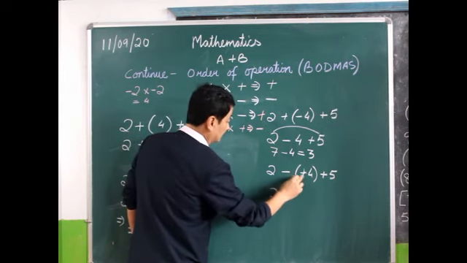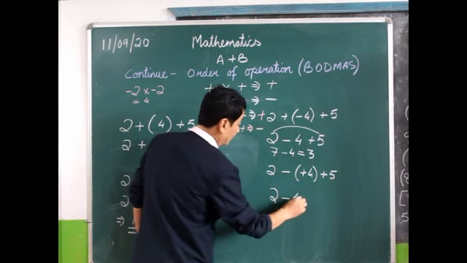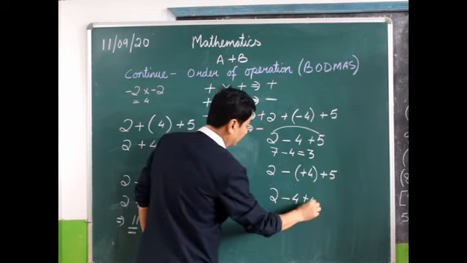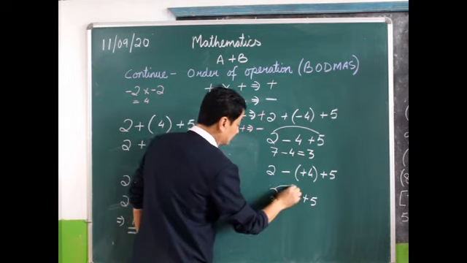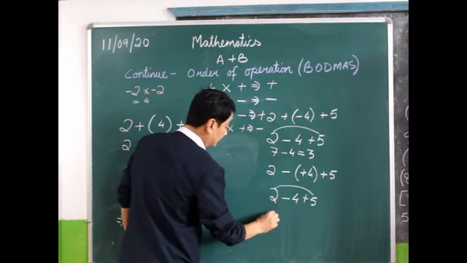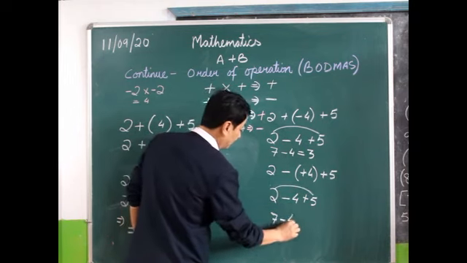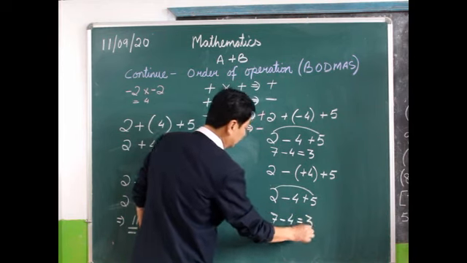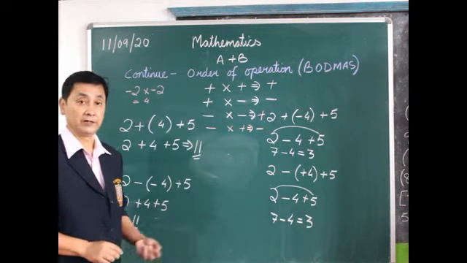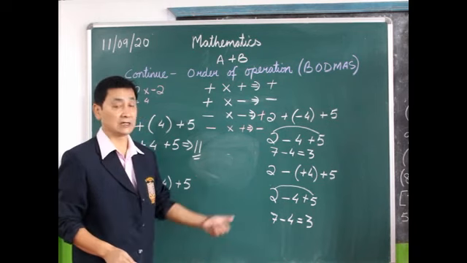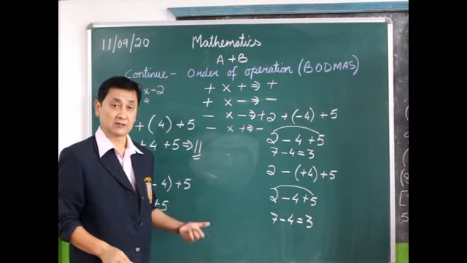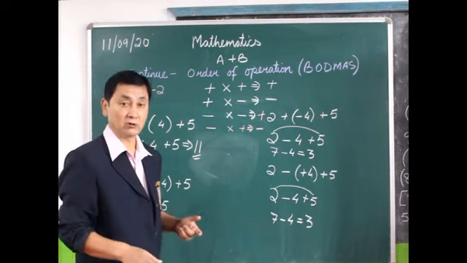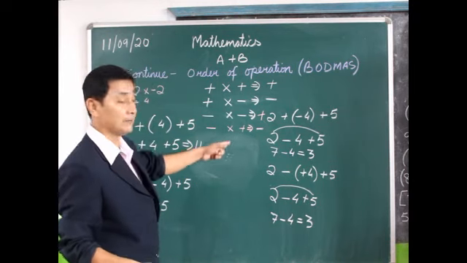Multiply the sign, minus into plus, minus 4 plus 5. Addition comes first, 2 plus 5, 7 minus 4 equals 3. Okay? Now, in our sums, we may not have to use this type of formulas right now, but because we are doing order of operation, these sums may come up.